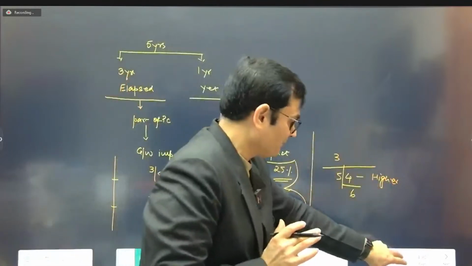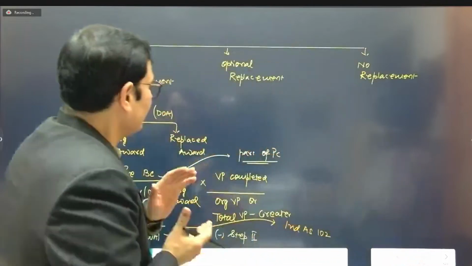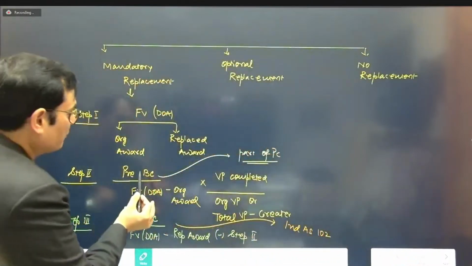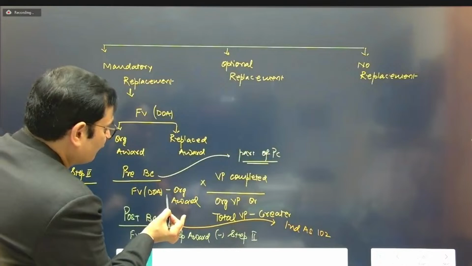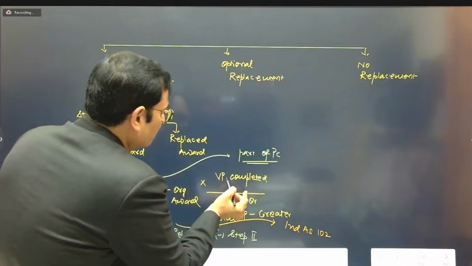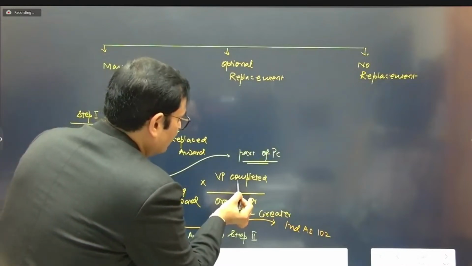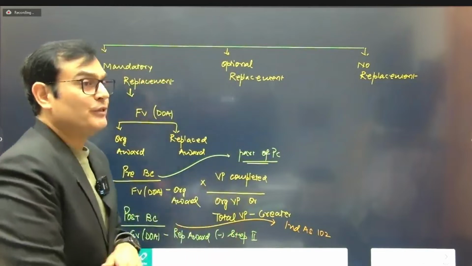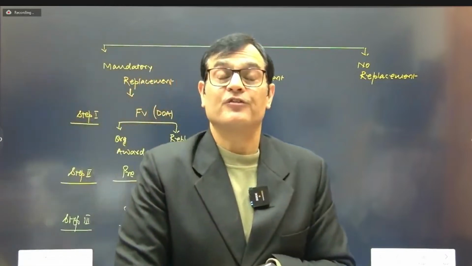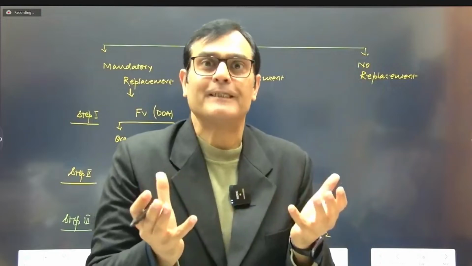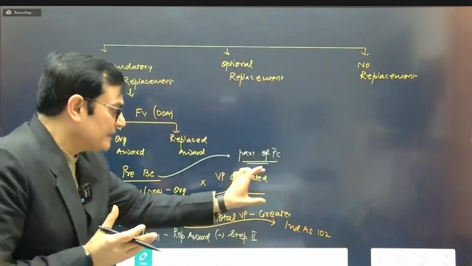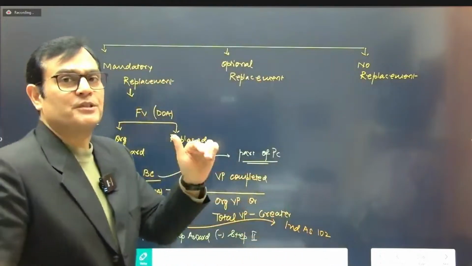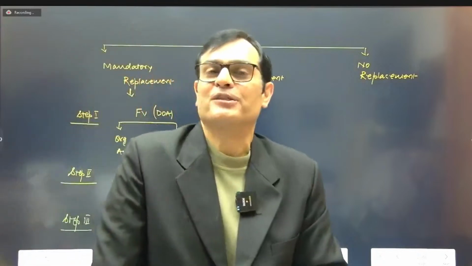Now let's go back and see. In a pre-business combination, you took the fair value and you took the proportion: the years completed 3, original is 5, and the total is 4, so 4 or 5, whichever is greater. So we can say step number 2 gives you the portion which is going to be a part of the SBP reserve.